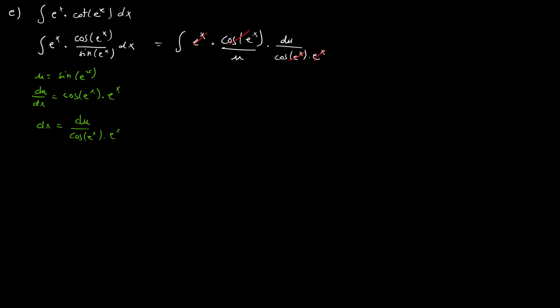And again, we are dealing with an integral where we just have 1 over u du, which we know, 1 over u, that's the one I told you earlier about. Be careful about it. It is ln u plus c. Substituting everything back in, it tells us that it's ln of the sine of e to the power of x plus c.